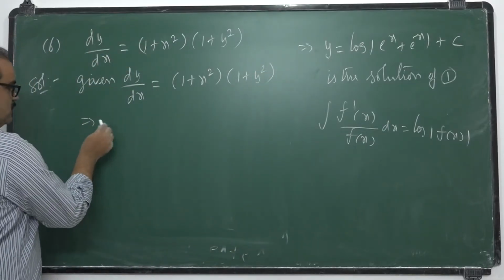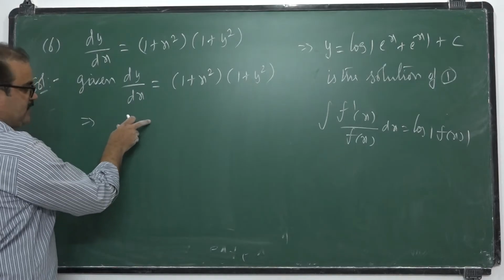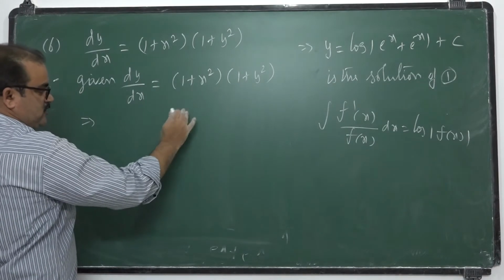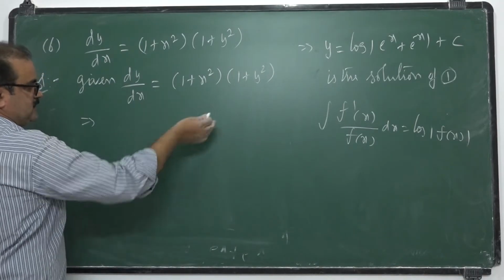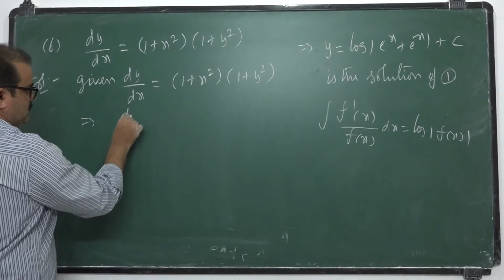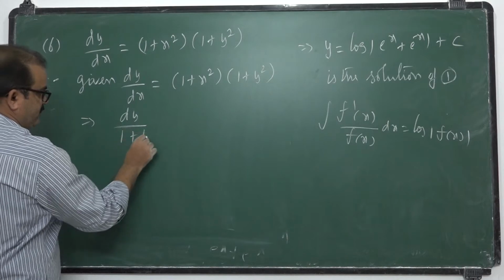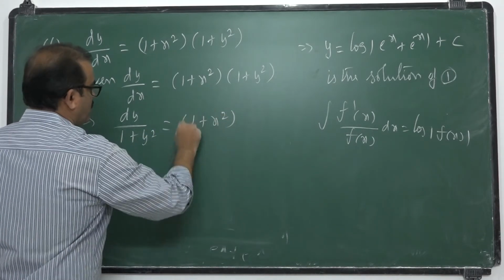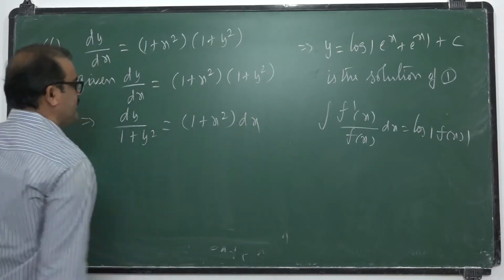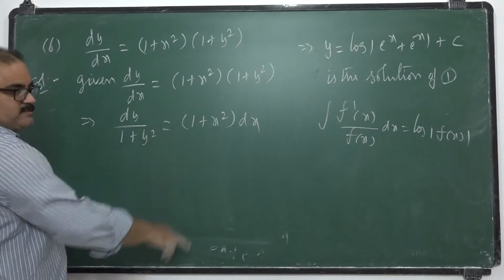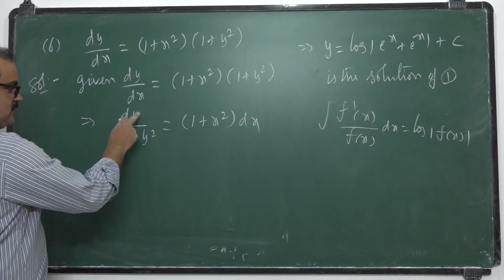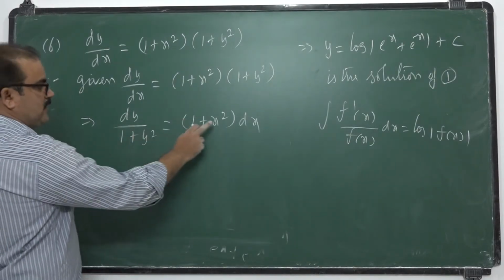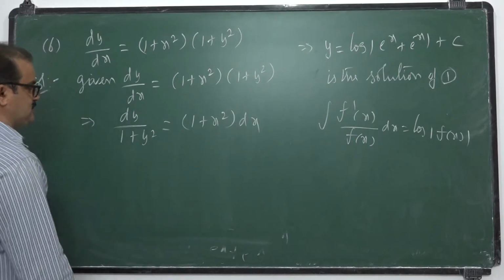Here write the terms containing y in LHS, the terms containing x in RHS. So write it as dy by 1 plus y square is equal to 1 plus x square into dx. Just on cross multiplying, write the terms containing y in LHS, containing x in RHS.